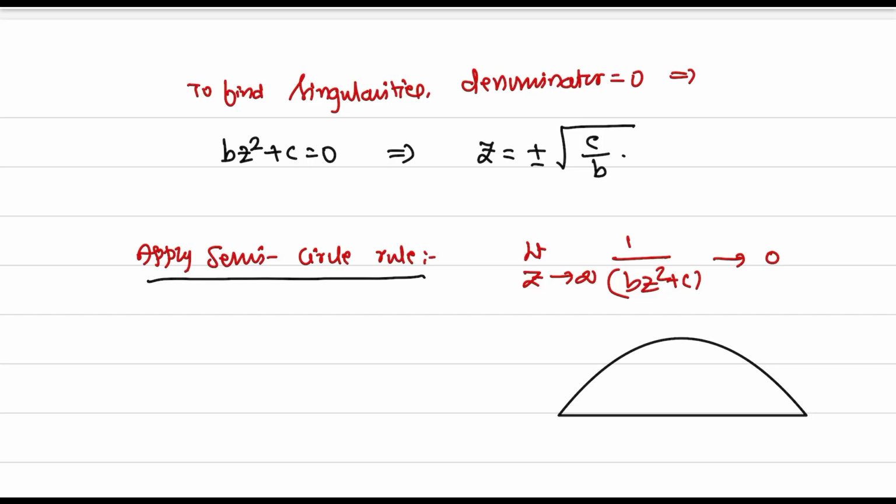This is the semicircle, only the upper half we have to take. In the upper half, z is equal to plus or minus square root of c by b. Here i is there, because bz square is equal to minus c, that is equal to plus or minus i into square root of c by b.